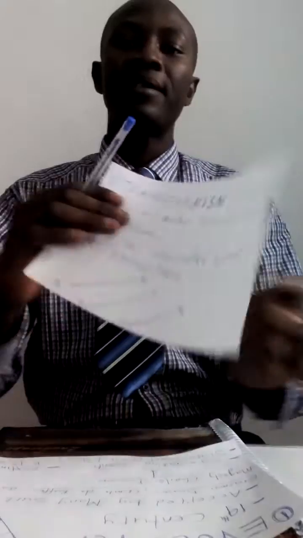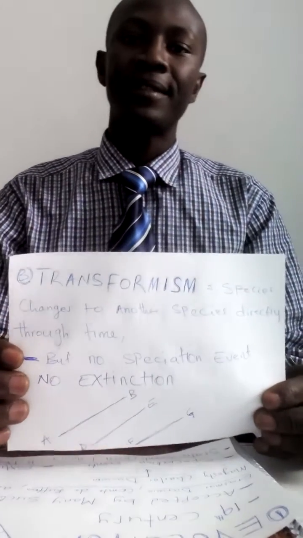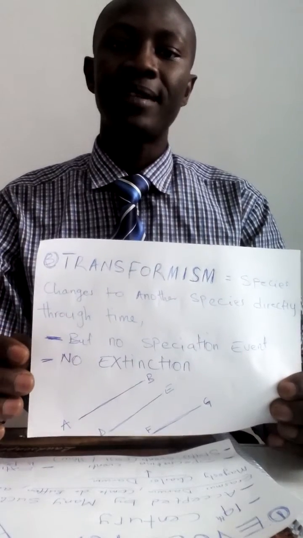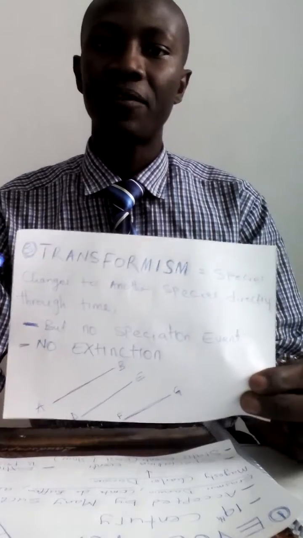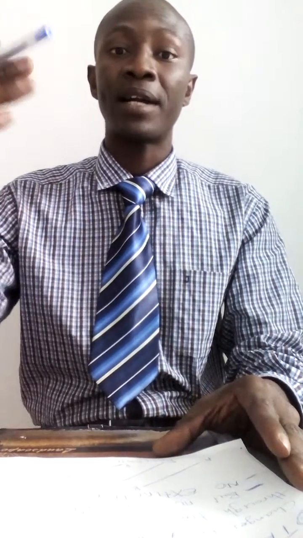Now, let's talk about the second one, which is transformism. The transformism theory suggested that species do change to another species during the course of time, maybe due to environmental factors that force some species to change to another species.